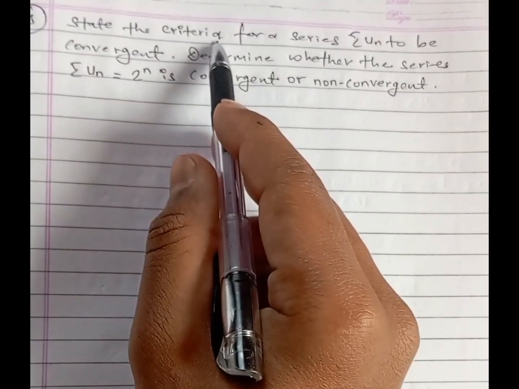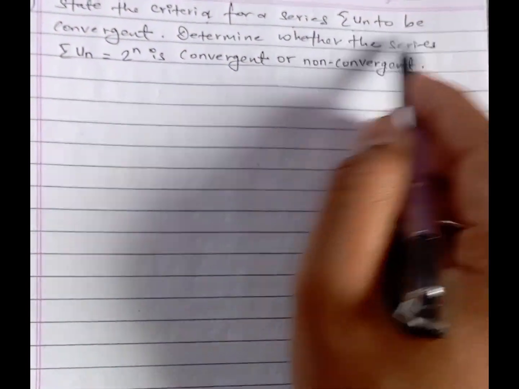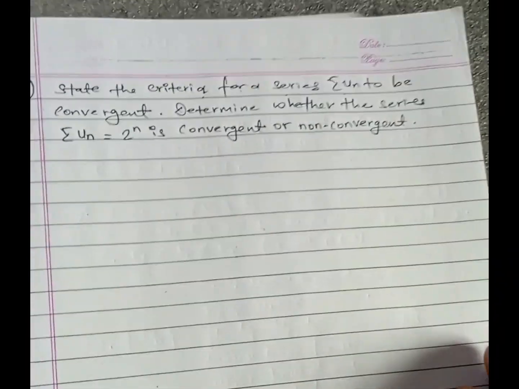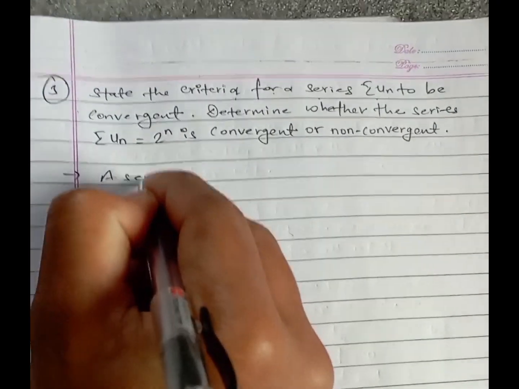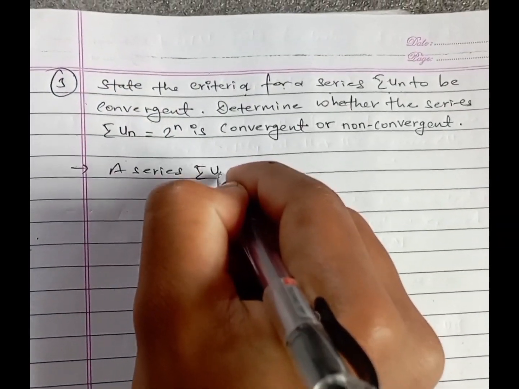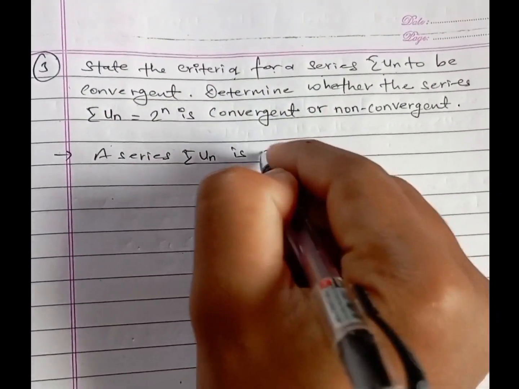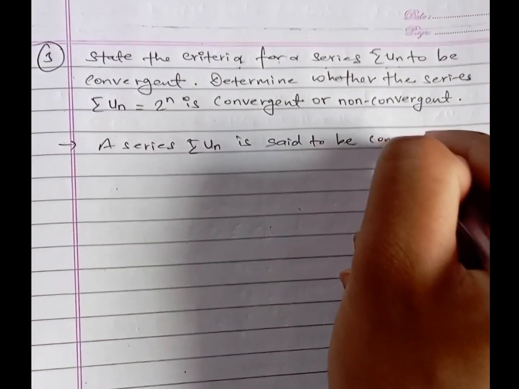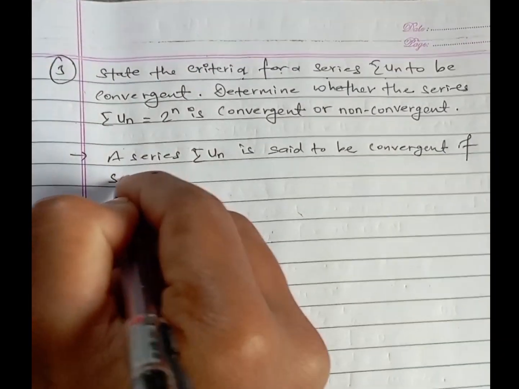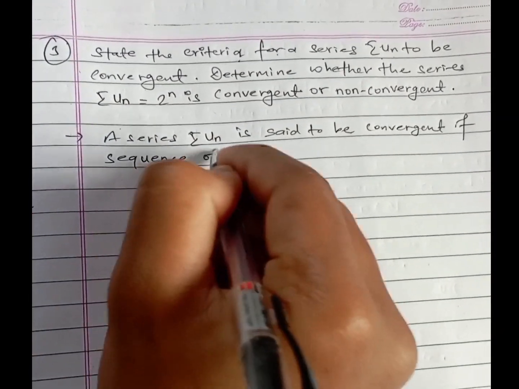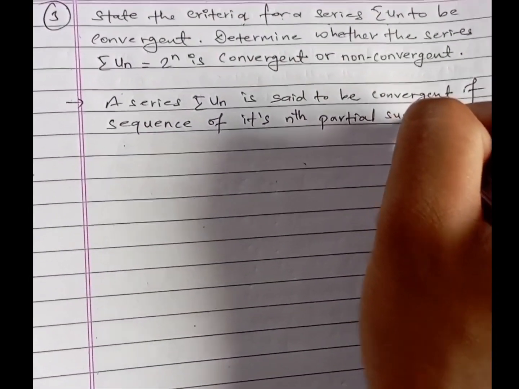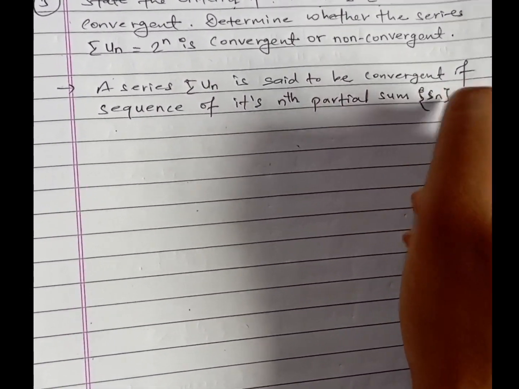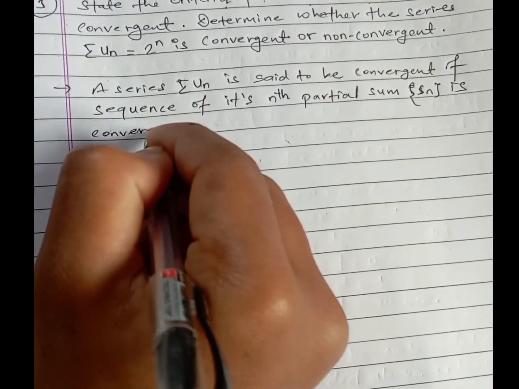Question number 3: state the criteria for a series summation un to be convergent. So it is asking for the criteria for a series un to be convergent. So we know a series summation un is said to be convergent if the sequence of its nth partial sum Sn is convergent.